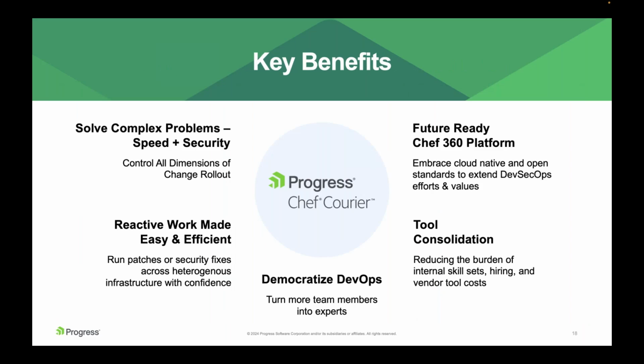So talking about the key benefits of Chef Courier, what you as a customer can achieve by using Courier. Let me start from the left. Solve complex problems, that is speed plus security. What this means is, like we discussed in the previous slide, every dimension of a change rollout can be controlled.